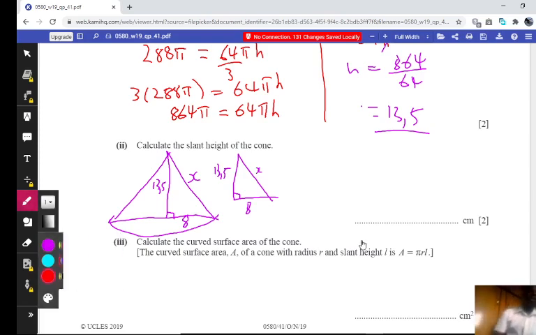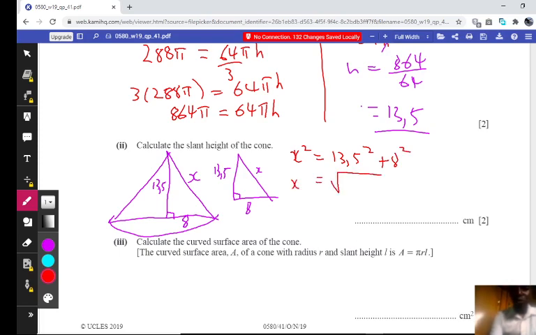How can you solve right angle triangles? When there are two sides given like this, you can just use Pythagoras. So by Pythagoras, x squared is equal to 13.5 squared plus 8 squared. So x will be equal to the square root of 13.5 squared plus 8 squared.